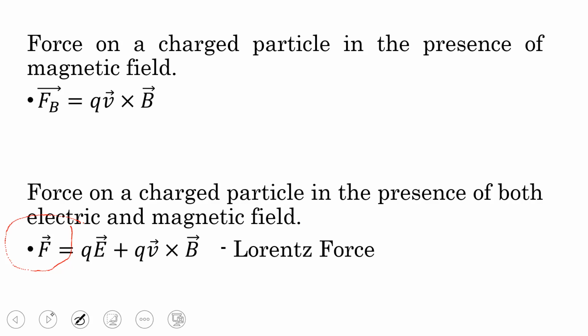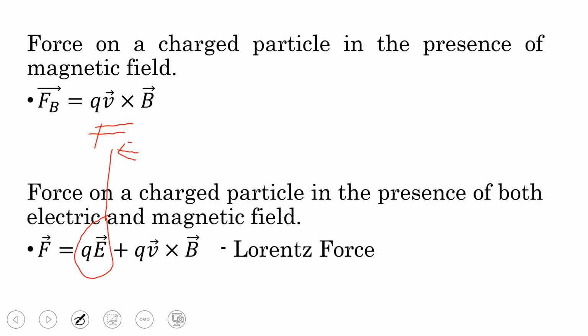It will also experience magnetic force because it's a charge in motion in the presence of a magnetic field. So since they are both forces, we add them together as vectors. That is why we have qE, which we already know. qE here is FE, the electric force, which is a product of the charge and the electric field strength.